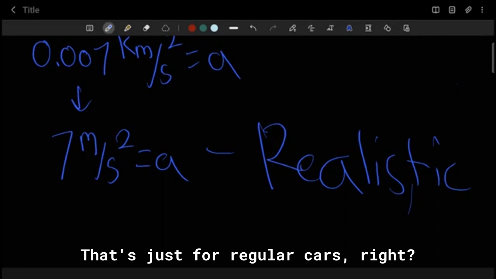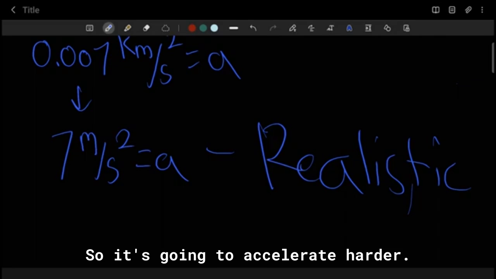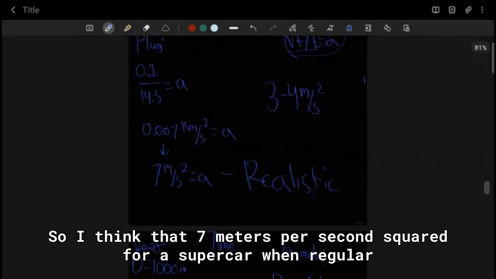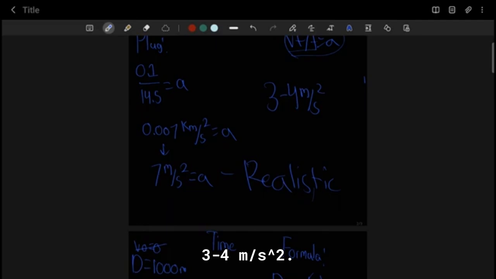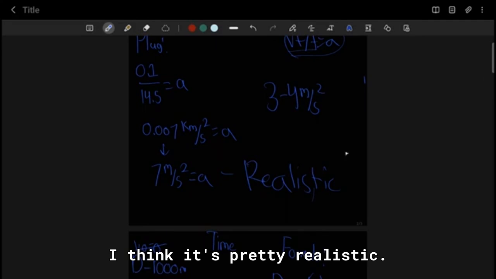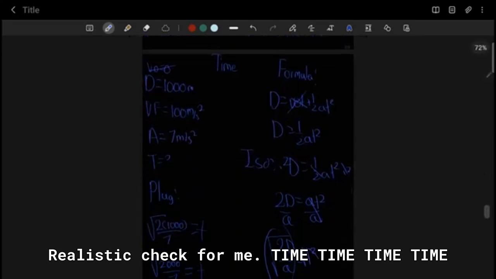That's just for regular cars, right? It's a supercar, so it's going to accelerate harder. So, I think that 7 meters per second squared for a supercar, when regular cars such as a Honda Civic, Honda Sonata, and Toyota Corolla accelerate at 3 to 4 meters per second squared, is pretty realistic. It's a realistic check from me.